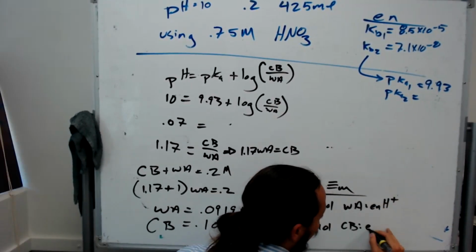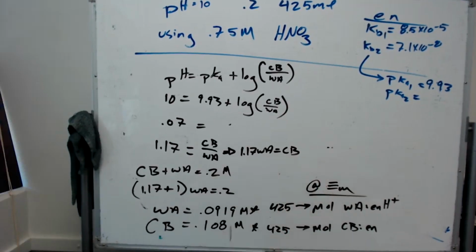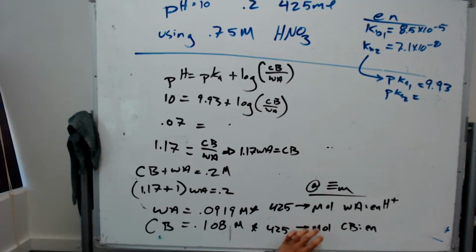And our conjugate base is just the amount of ethylene diamine. Notice at equilibrium, at the end of the reaction, not at the start. The problem's asking us for how much at the start. So I know that all of my weak acid comes from ethylene diamine reacting with a strong acid. So this moles of weak acid of ethylene diamine is the moles of strong acid I must need to add. My moles of conjugate base plus my moles of weak acid, I need this total amount to be the amount I start with.